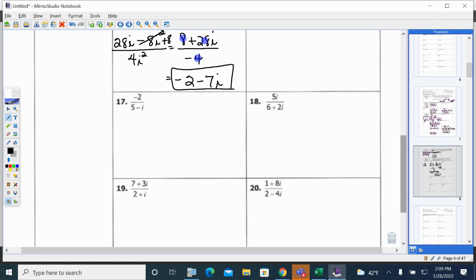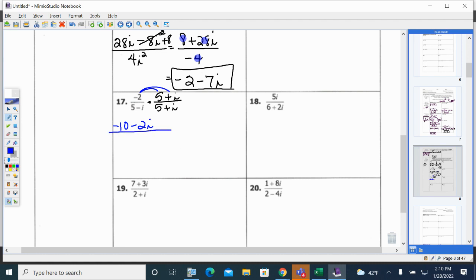So looking at number 17, I've got -2 divided by 5 minus i. So to fix this fraction, we're going to multiply the top by 5 plus i and the bottom by 5 plus i. So in the numerator, it's going to say -2 times 5 is -10. -2 times i is a -2i.